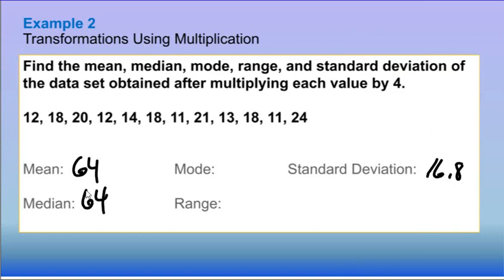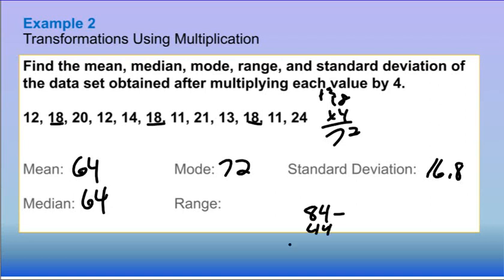Our mode, the number that appears most often, let's see, 18, 18, and 18. So 18 times 4, so 72 is our mode. The range, the 84 minus 44, and that would give us 40. So the range would be 40.